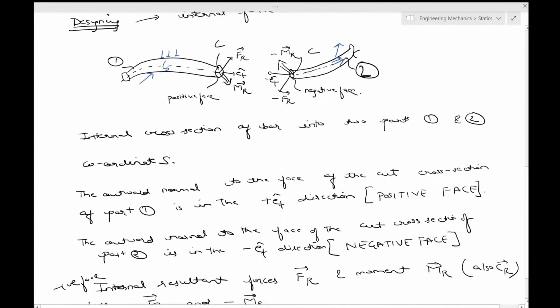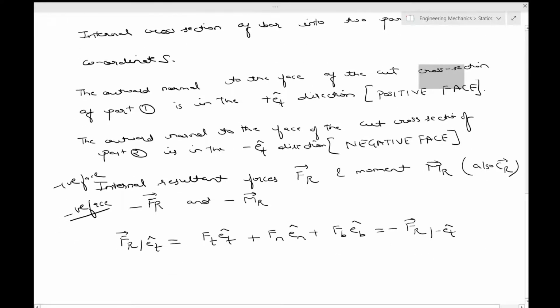Et is in this direction, minus Et is in the other direction, so you have Fr and minus Fr related. Similarly, Mr on the positive face is Mt Et hat plus Mn En hat plus Mb Eb hat, which equals minus Mr along minus Et hat. So this is equation 4.13.